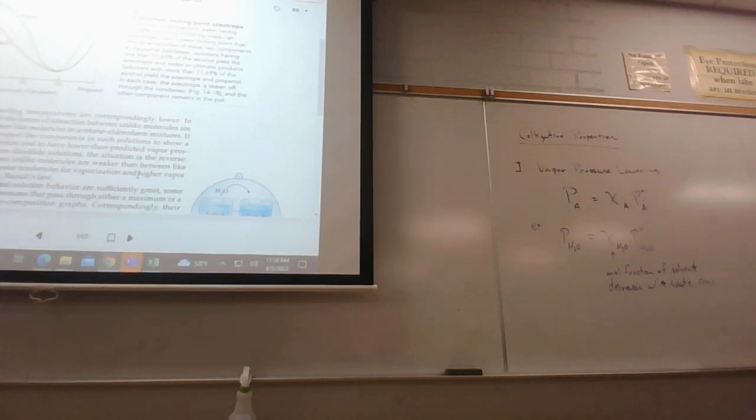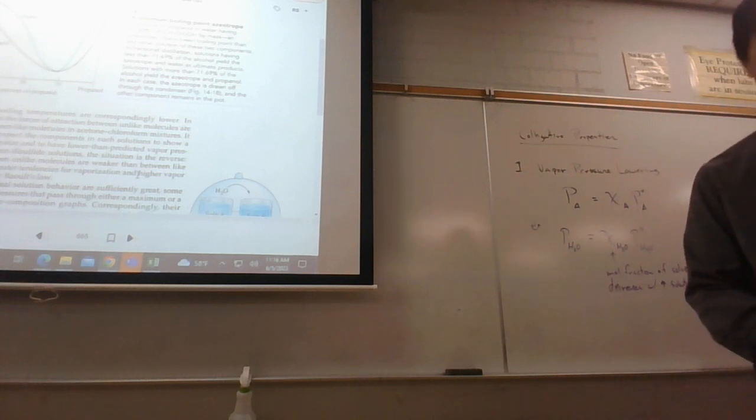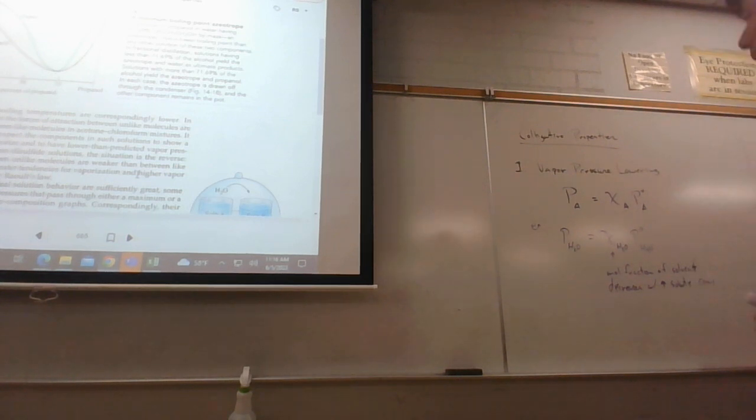You know what's weird about water? Is that the line between solid and the liquid goes in a different direction than most other substances. For water, this is actually a negative slope, like this. So this is for water.